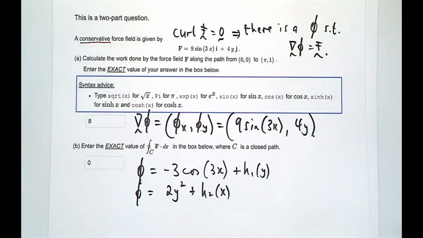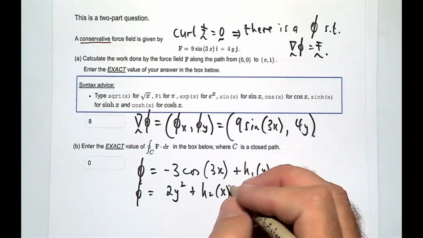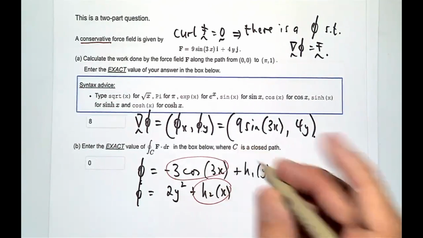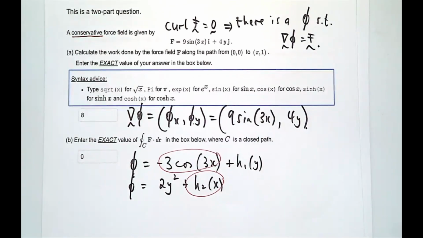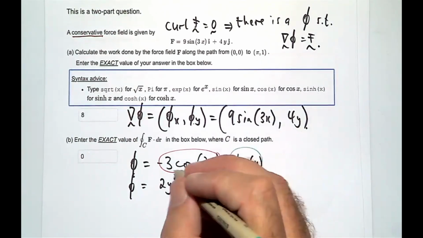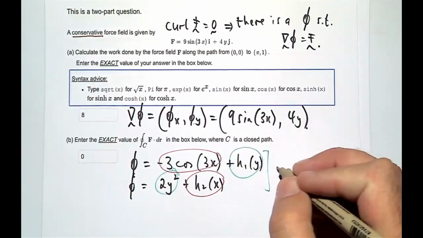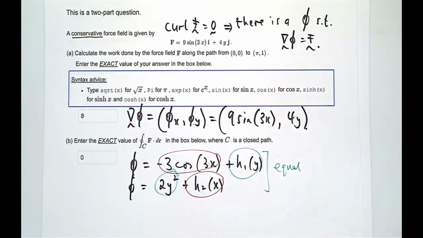And what about H2 of x? Yep. So if you choose that to be that, let's try some colours, and that to be that, you get equality. Okay? So you're just comparing it. Yes?